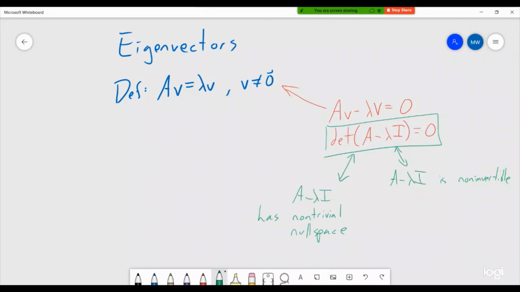That also connects to saying that there are eigenvectors for A with lambda equals my eigenvalue.